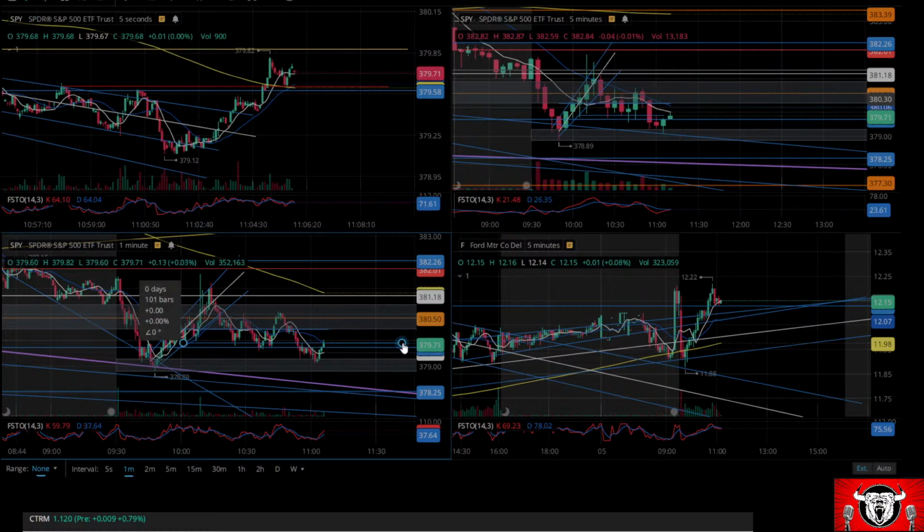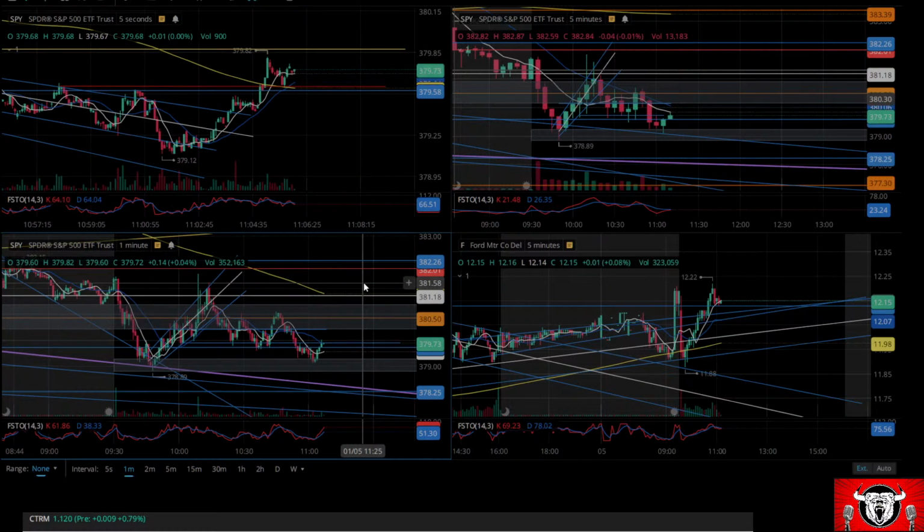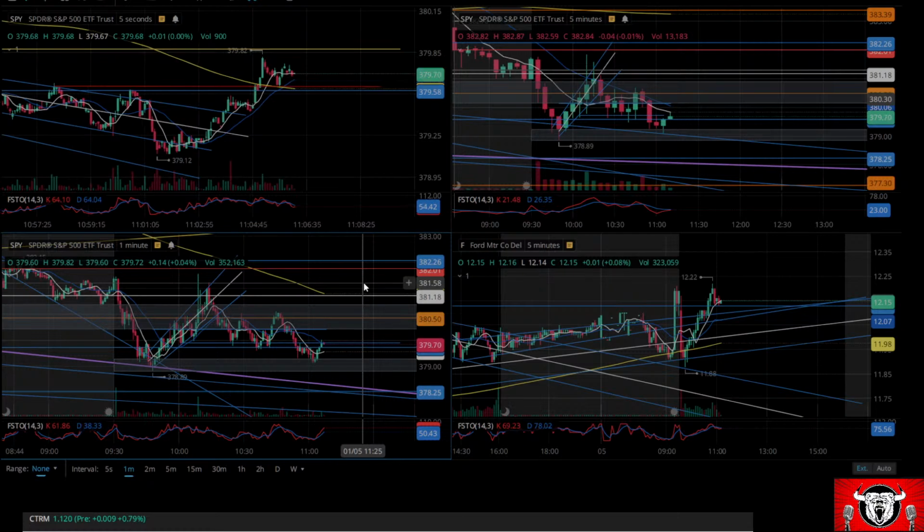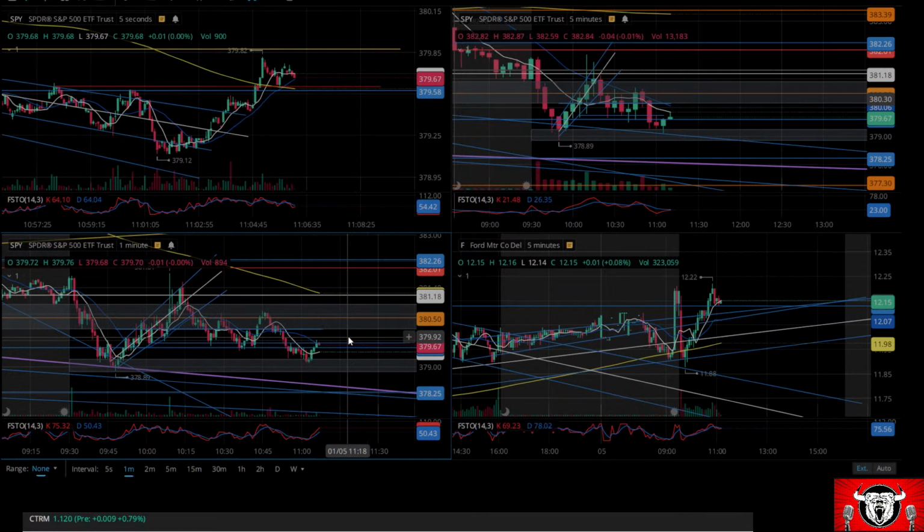So the beauty of it is, if you have two screens, get the ES on one screen and get the SPX and SPY options that you want to trade on the other screen, and you can just buy and sell based on the direction of that too. Oh yeah. You don't need to be looking at the SPY chart to trade SPY options.